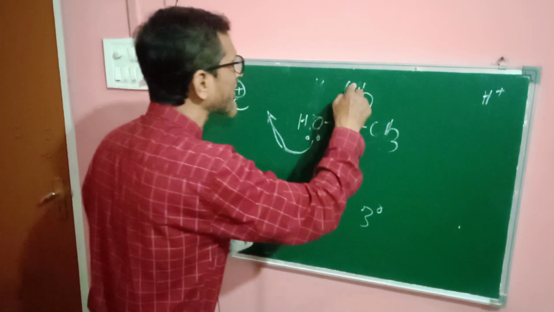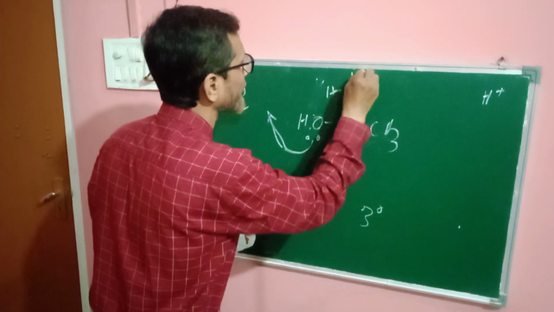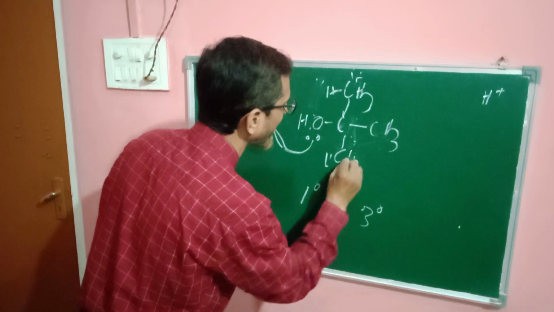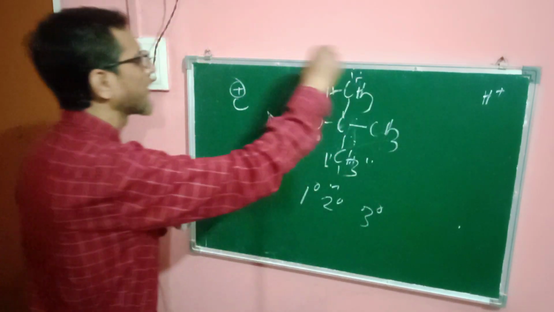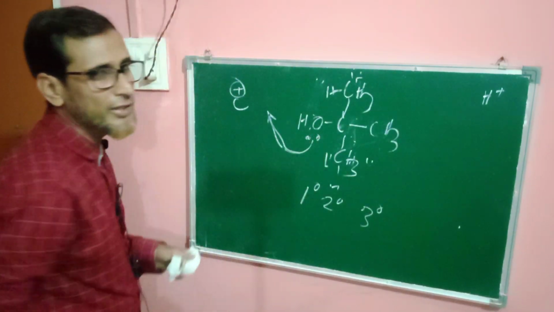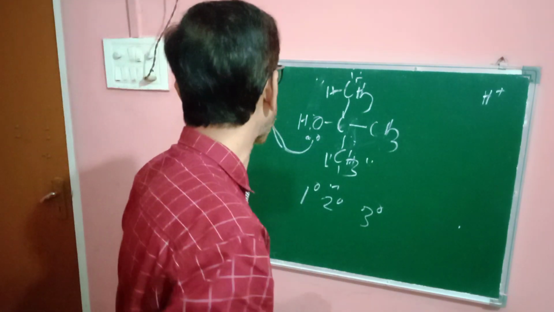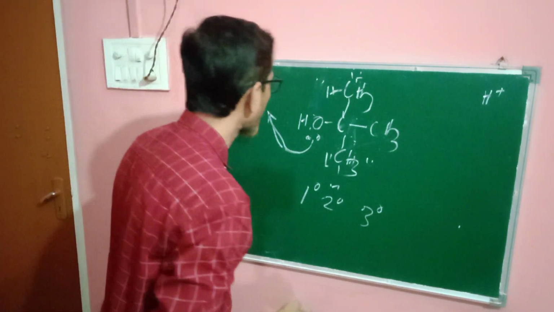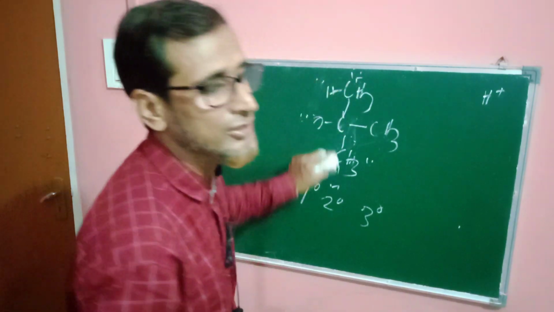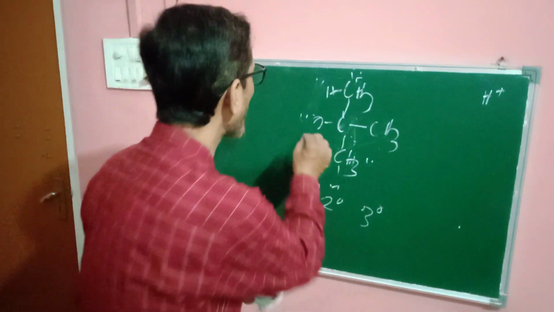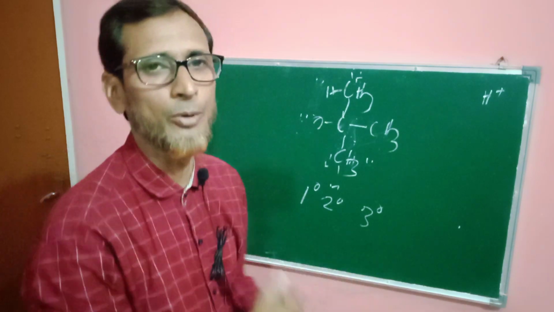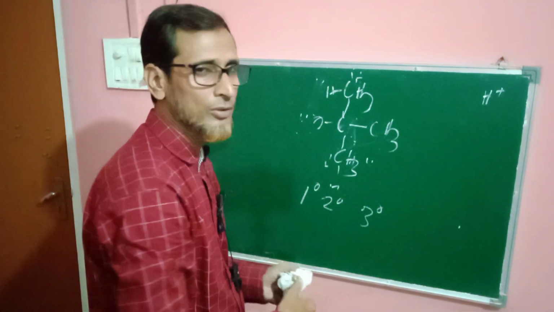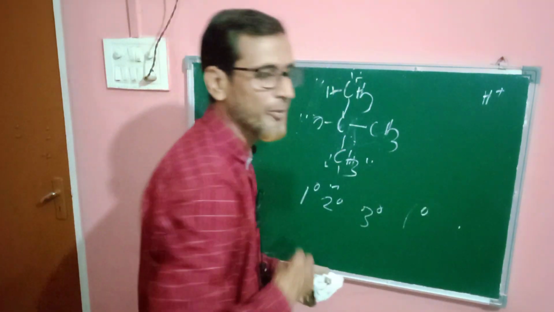When you use another CH3, CH3 means hydrogen, hydrogen, hydrogen, like this, it encircles it. So this lone pair is not easily available to attack this positive carbon. The reaction will be fast only when this lone pair of alcohol is easily available, and that is found only in 1 degree alcohol.